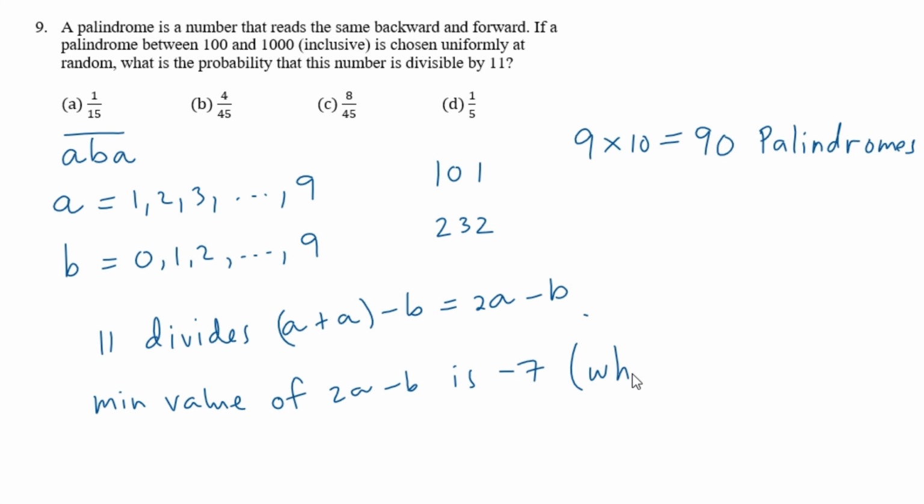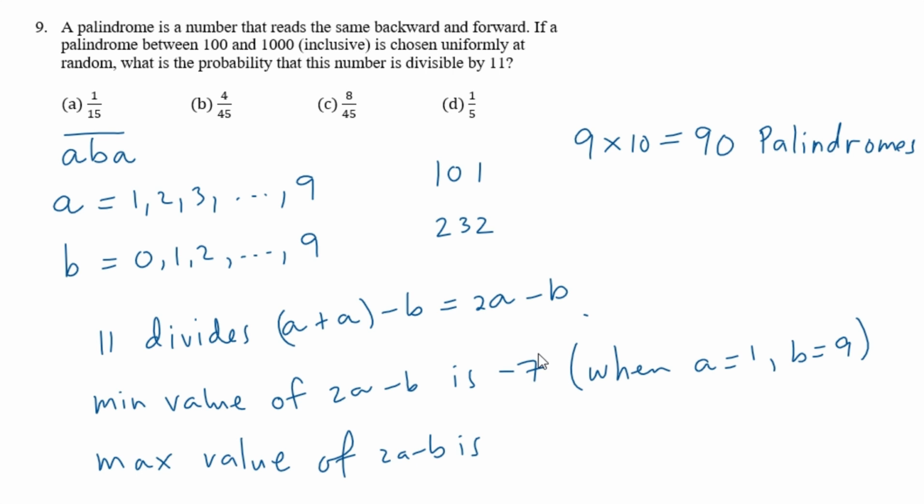This occurs when A is equal to 1 and B is equal to 9, while the max value of 2A minus B is 18. This occurs when A is equal to 9 and B is equal to 0.